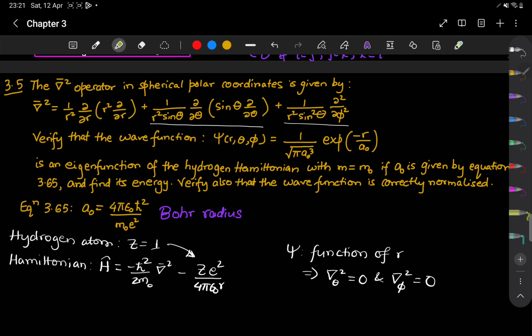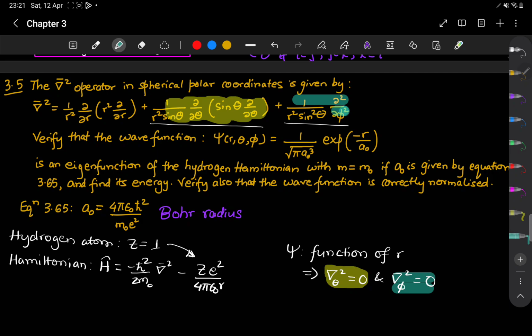So I can highlight it. So this is the theta component right over here, and this is 0, and the phi component, this is this, and this is also 0. Okay, you get the point.